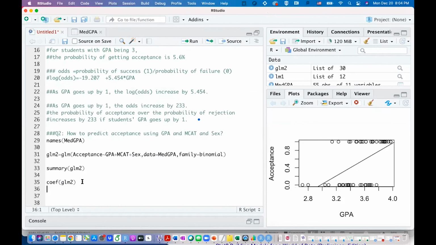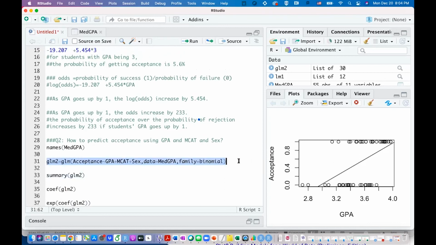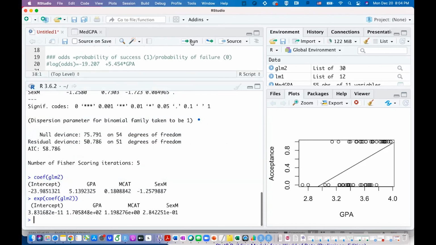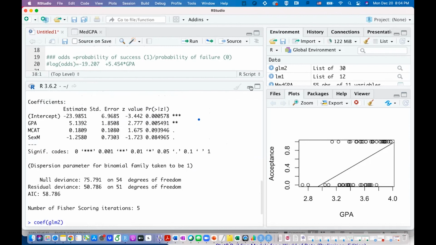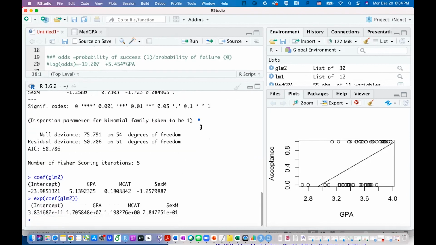And if you want to talk about the odds change, you can take the exponential of the coefficients of GLM2, the model we built here. We are taking the exponential of each coefficient, so we are talking about the odds change, not the log odds change. For example, the exponential of the GPA coefficient is 170, so 1.7 times 10 to the power 2.